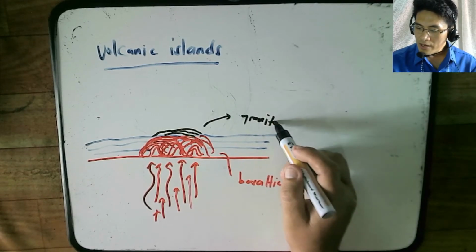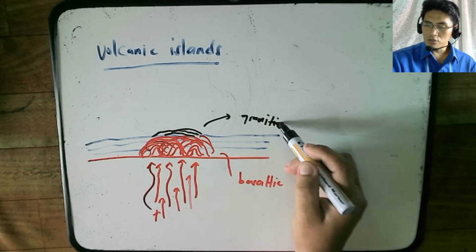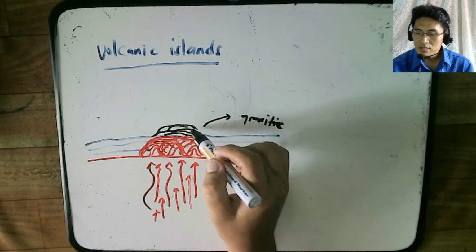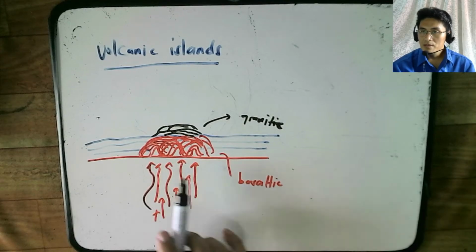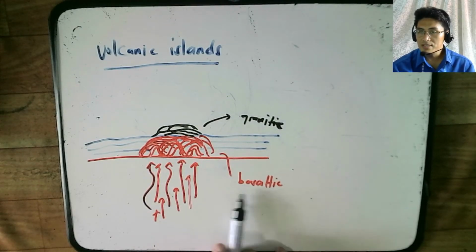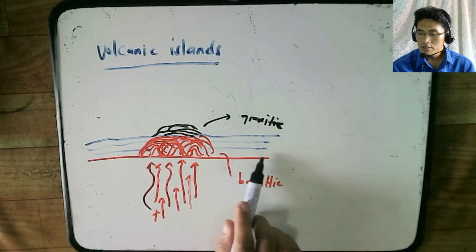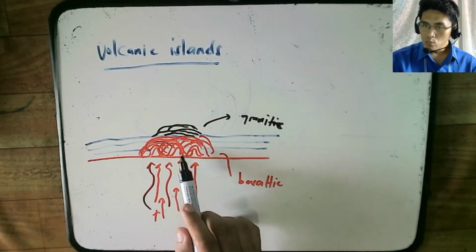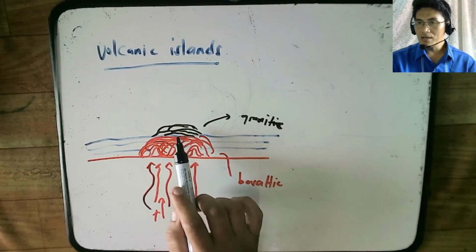Again, if you were listening to our discussion on the types of rocks in the crust, this is why in the oceanic floor we only find basaltic rock, because it's under the water. It gets cooled down by the water, but when it pokes out of the water, it now becomes granitic rock.